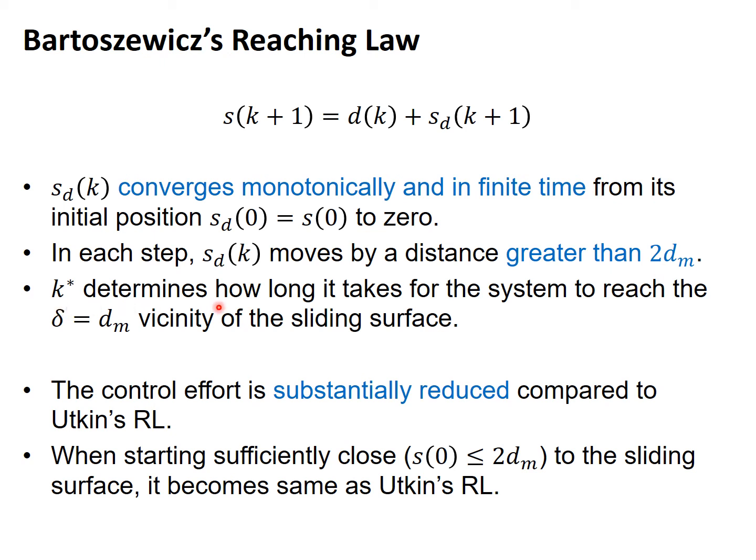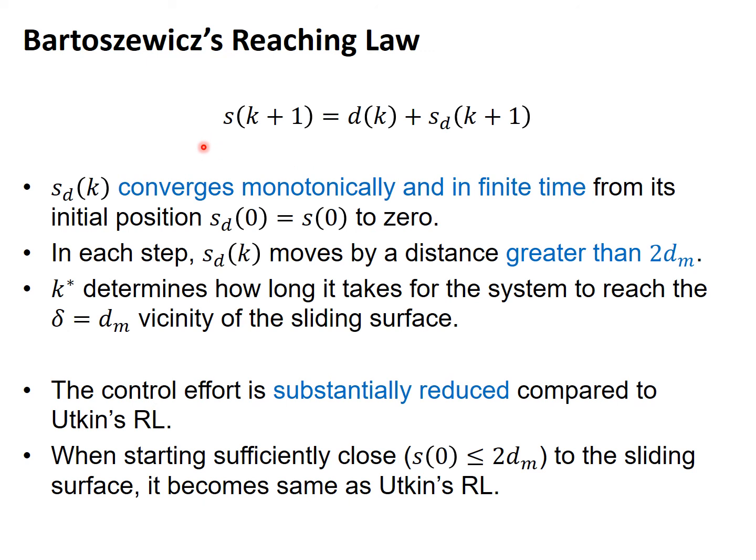Then K star determines how long it takes for the system to reach the delta equals dm vicinity of the sliding surface. So at K star this becomes 0. Then your S is bounded by only dm. The bound is dm here also, because after K star this will become 0.